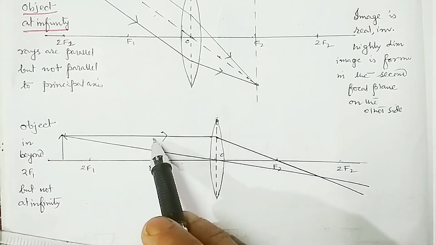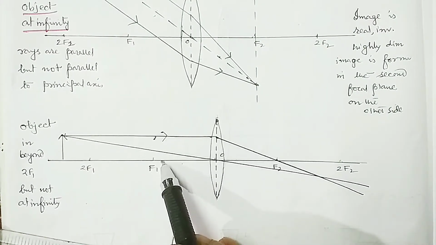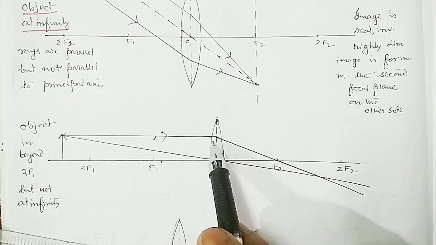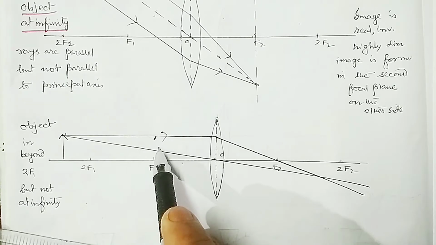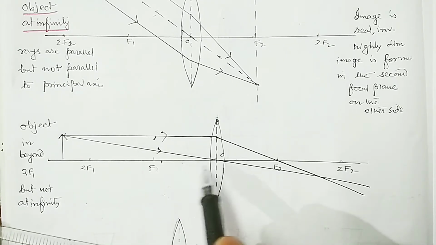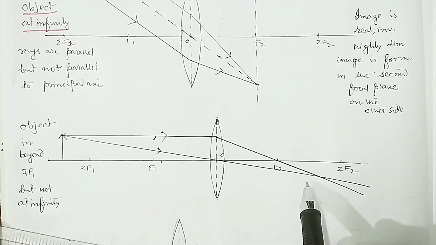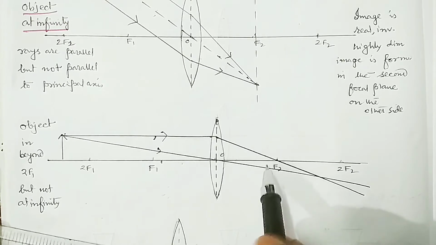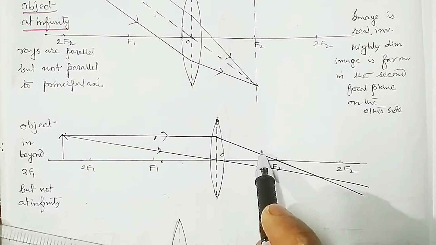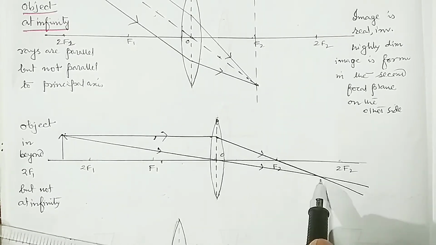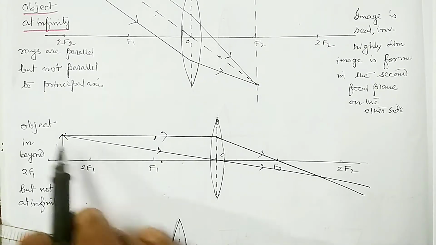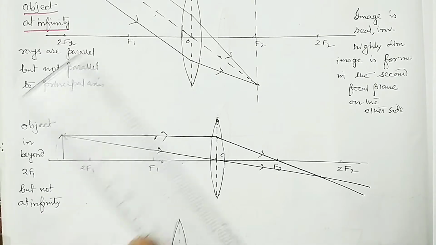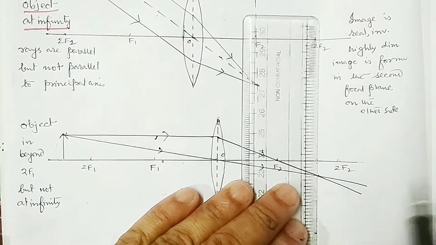So this ray which is parallel to the principal axis, after refraction, will pass through the second principal focus, and the ray which passes through the optical center will go straight. These two refracted rays are meeting here. So that means the image of this object will form here. So we can draw it. This will be the image.